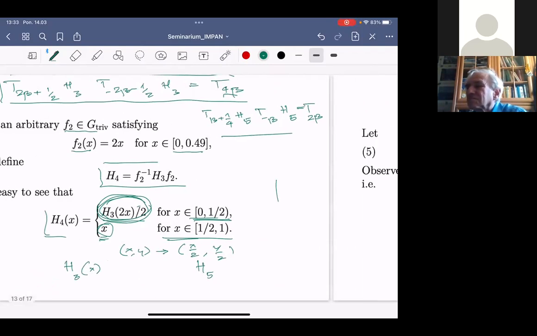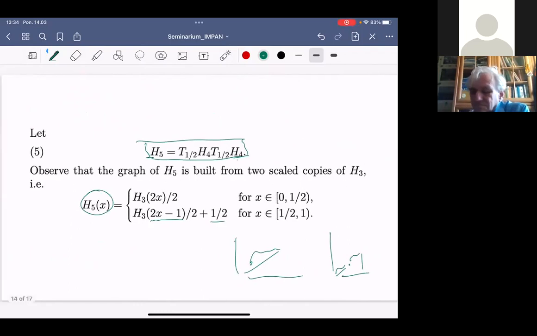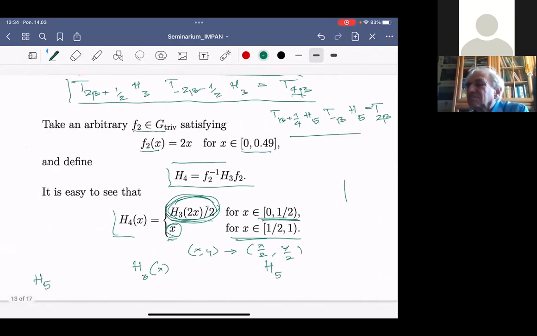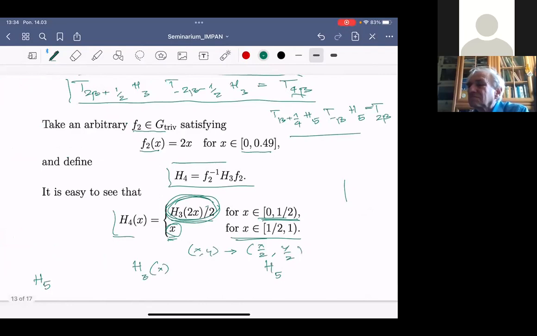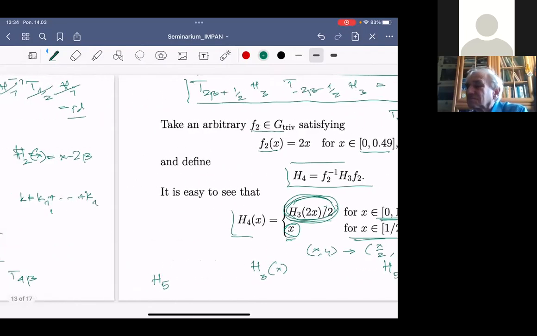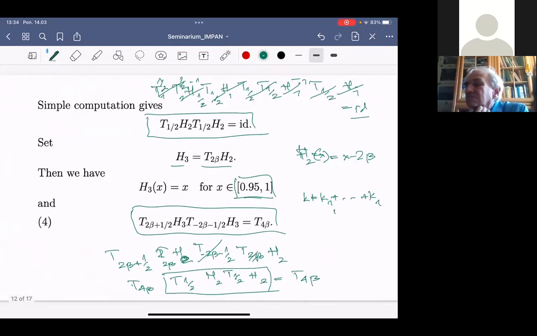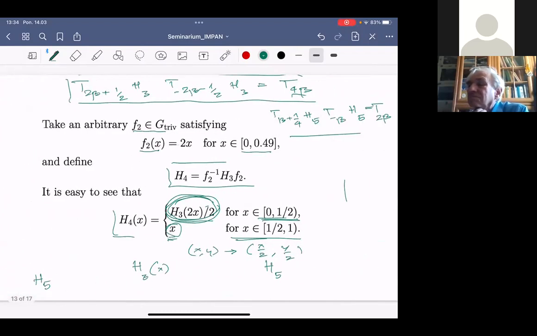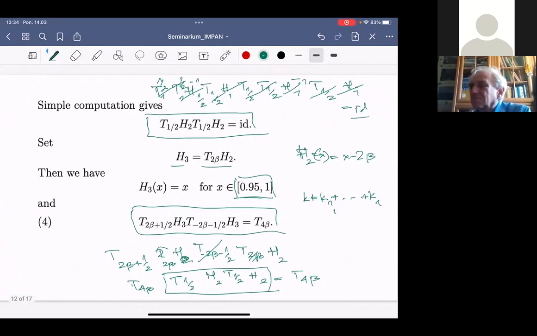Because to obtain H5 from H3, we do nothing with beta. We take the function with this rotation by 1/2, and we do nothing. And therefore exactly in H5 beta occurs as many times as it occurred in H3.